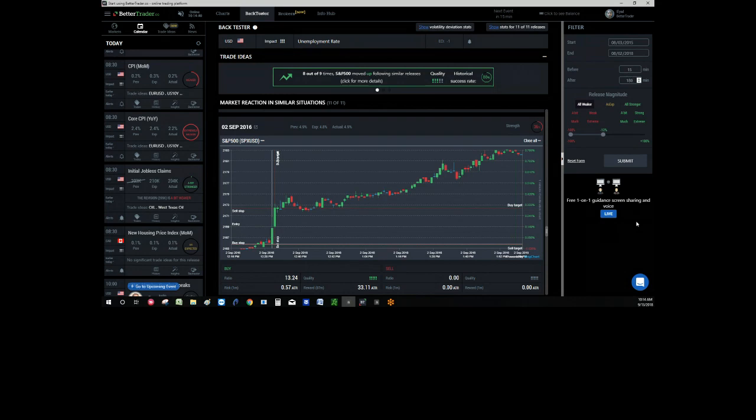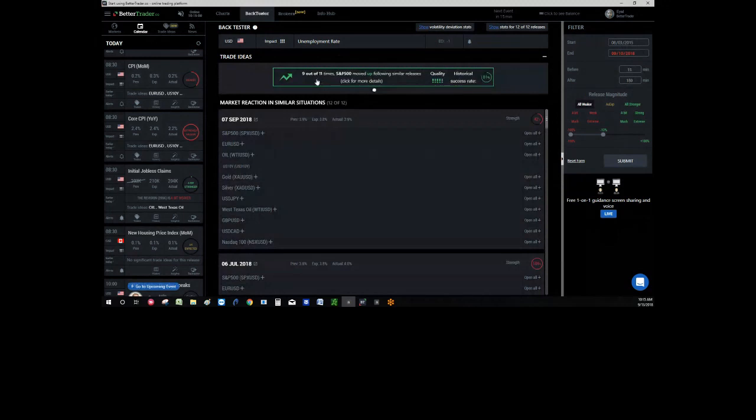Let's do 3 hours after the release, and pick the last one from 3 days ago, so we capture the last situation. We want to see all the weaker releases of the unemployment rate in more than 3 years, and you see 9 out of 11 times the S&P 500 moved up.